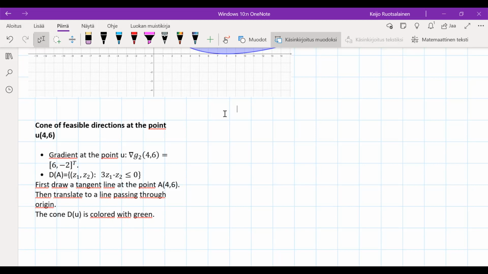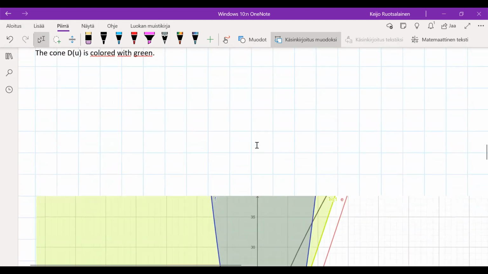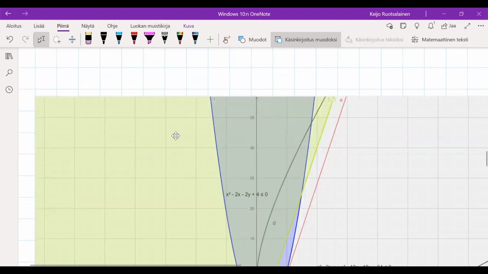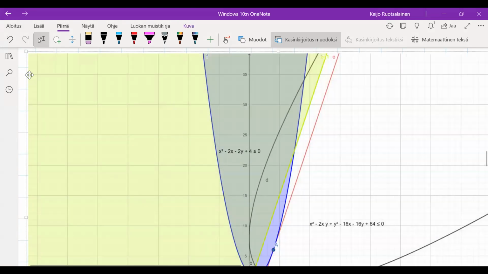So for example, I take the point with coordinates 4 and 6.